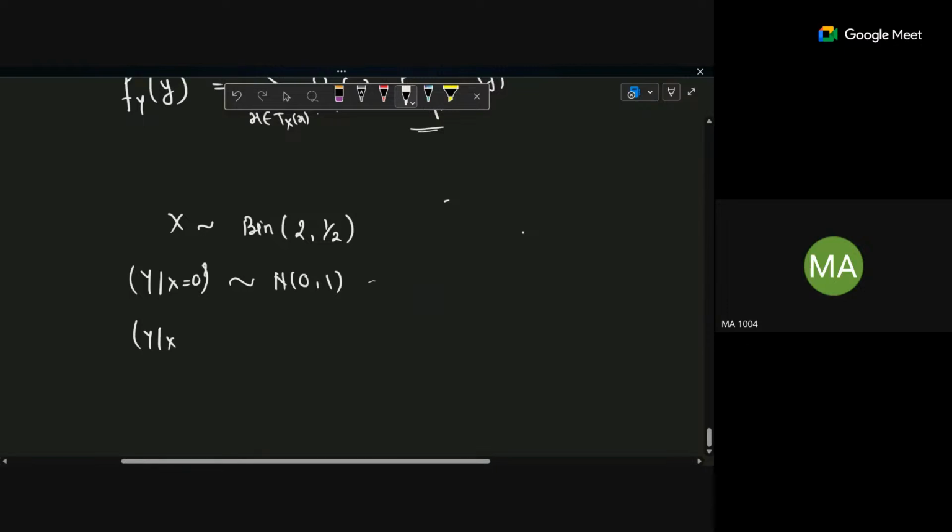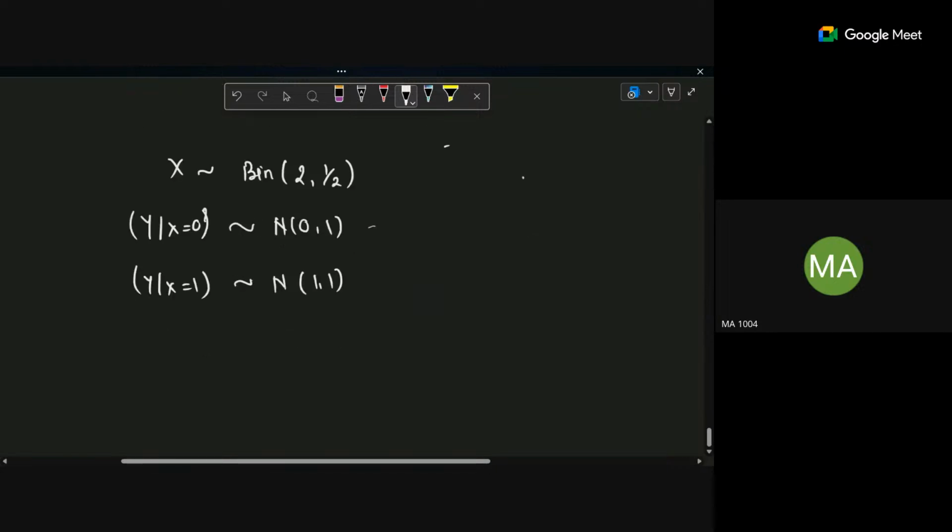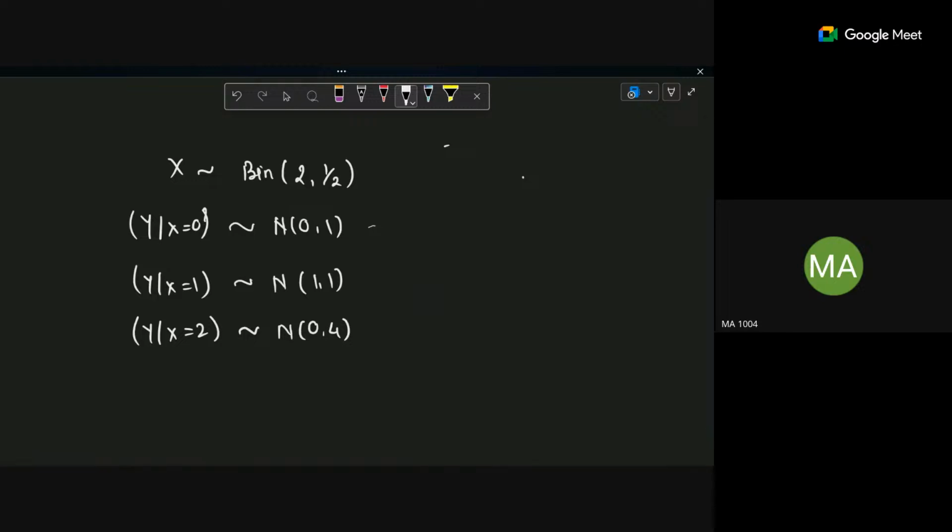Y given x equal to 1 follows normal 1 comma 1, and y given x equal to 2 follows N(0, 4), a normal distribution with mean 0 and variance 4.